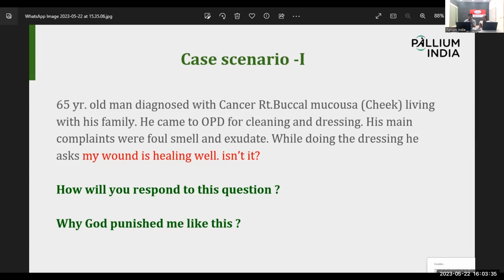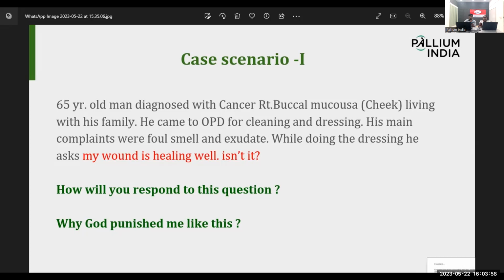Okay. If you give a false hope to the patient, sometimes we just say, okay, yes, I think it is healing. It is healing. So that overcomes the small issues. But after 2 weeks, definitely the signs and symptoms and wound size will be increasing.